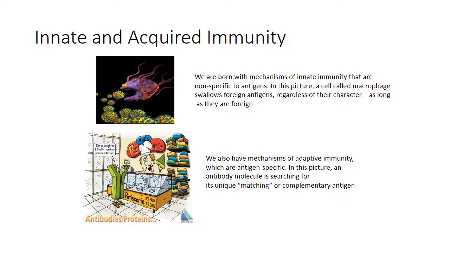Rectangular things do not fit. Only this triangular, because this antibody has some grooves and depressions which accommodate this triangular thing. So we say that antibody acts against the unique matching antigen.